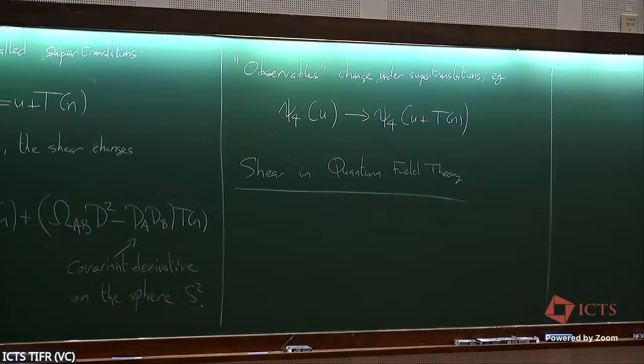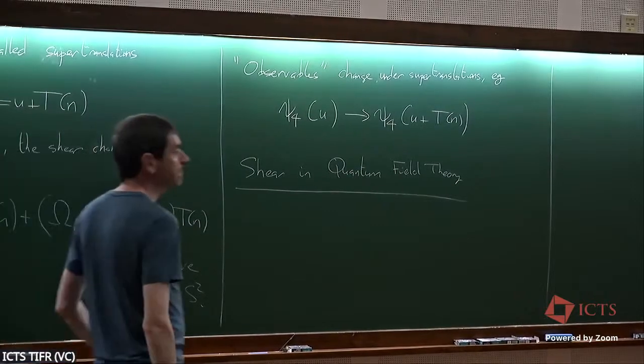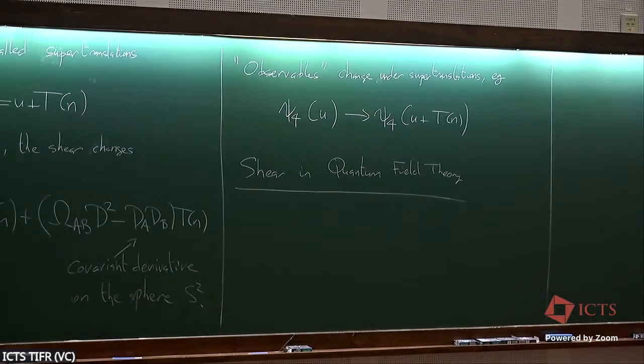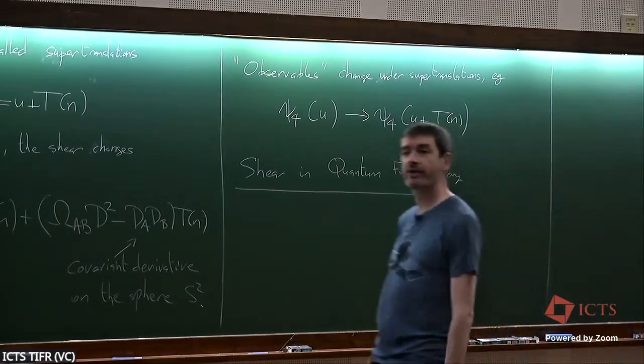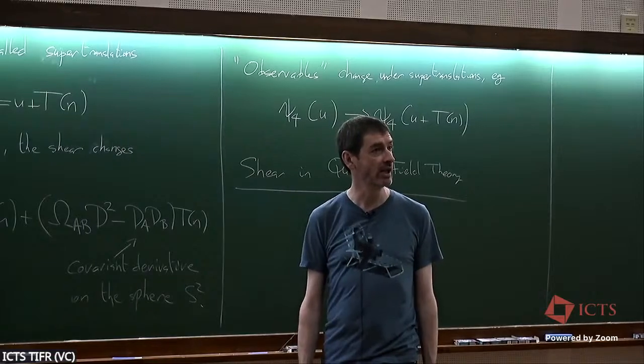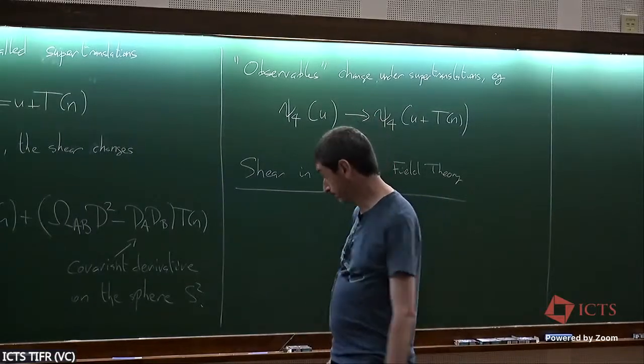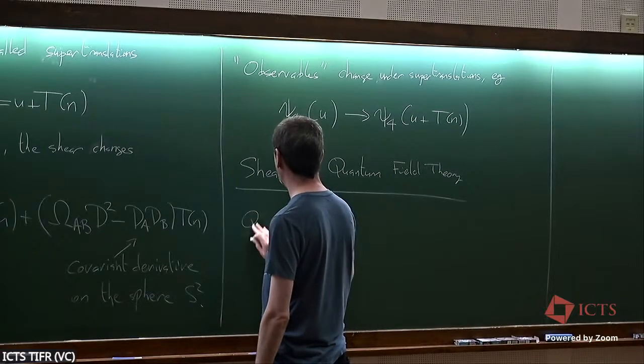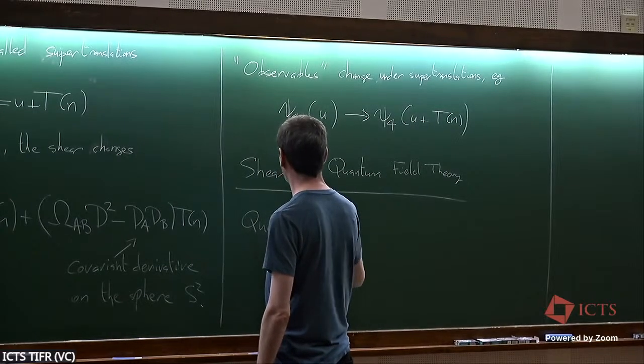Okay, now when I set up the perturbative graviton field a couple of lectures ago, we just had two creation and annihilation operators. We had two helicity states in the quantum field.